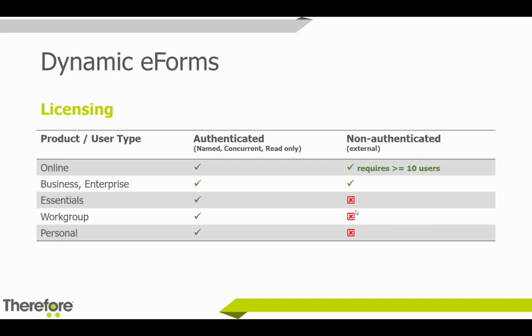This is really important to keep in mind, especially if you have a demo license. Most demo licenses have fewer than 10 users, so if you want to use your demo license on Therefore Online to use these features for anonymous users, make sure to get some more licenses so that you can try it.